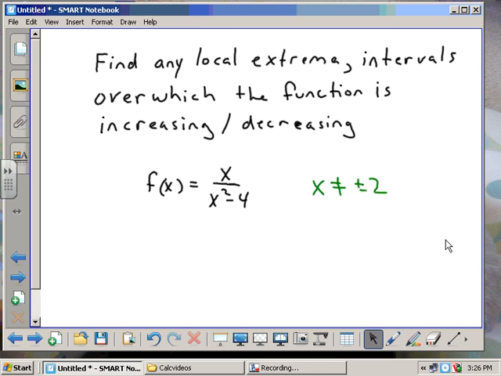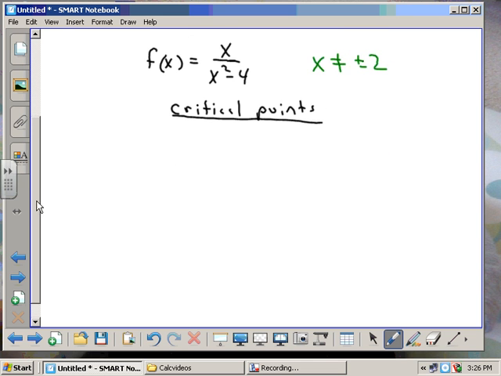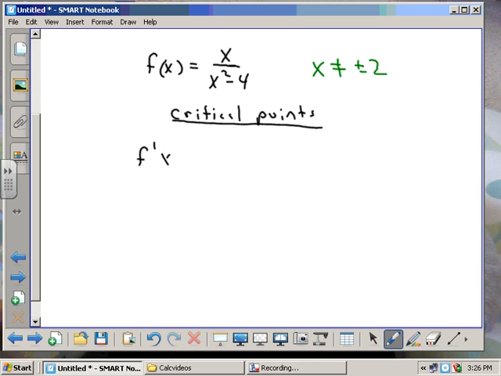So to find local extrema, let's begin by finding critical points. We'll find critical points by taking the first derivative, setting it equal to 0. In this particular example, this will require the quotient rule.